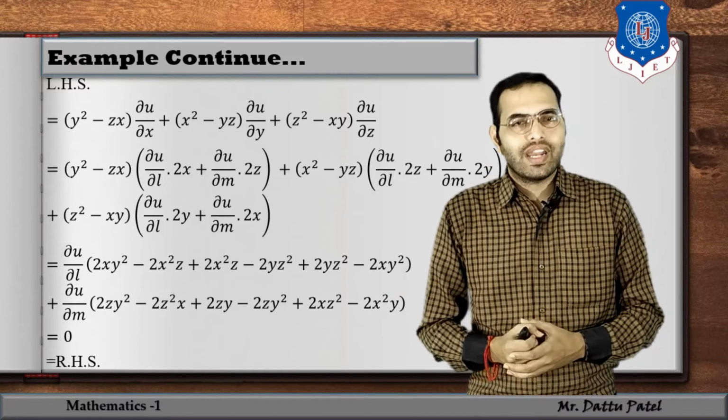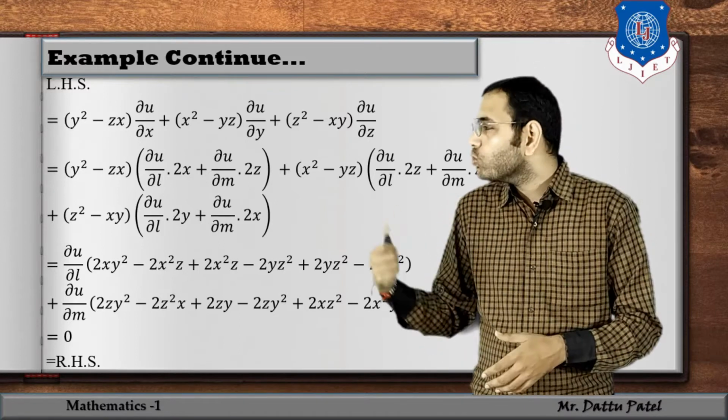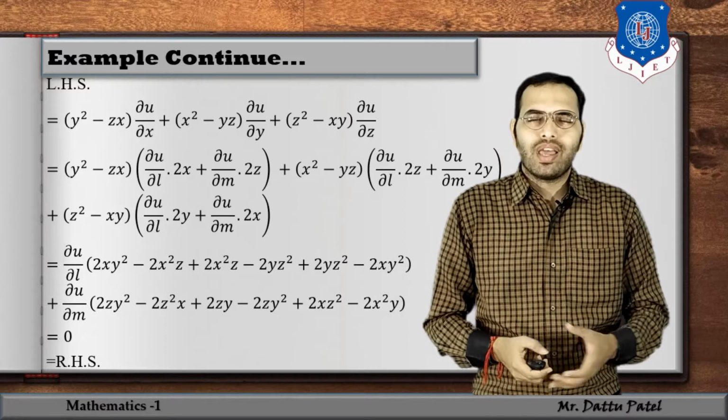That is our RHS portion. Hence proved the given example.